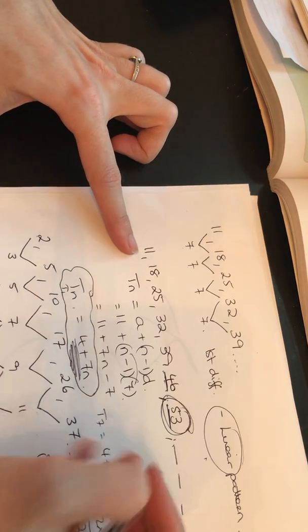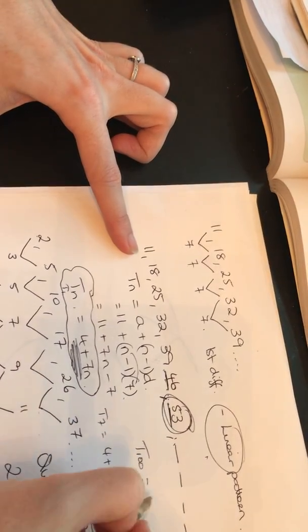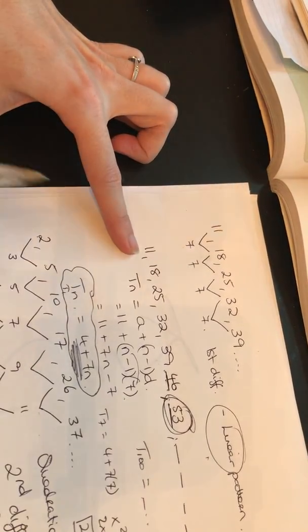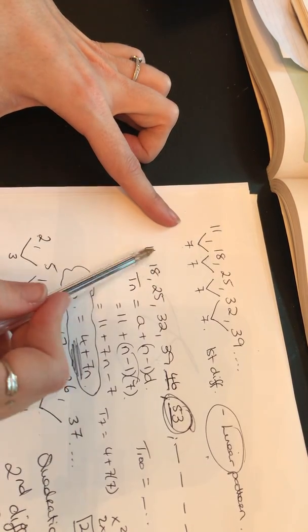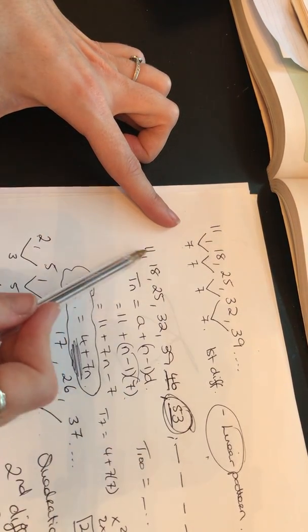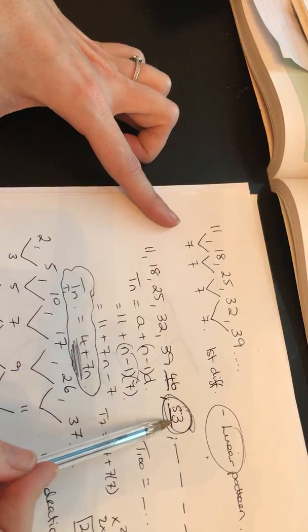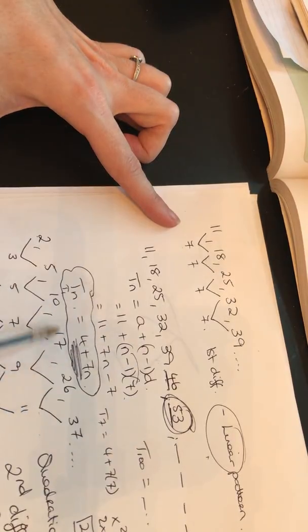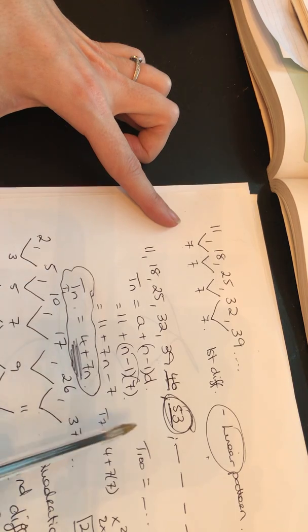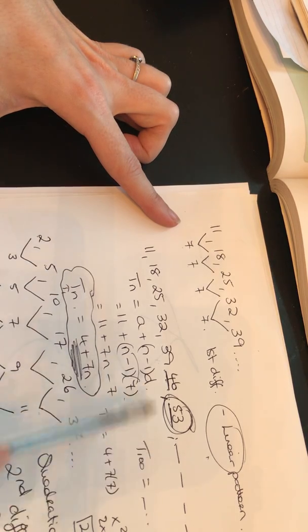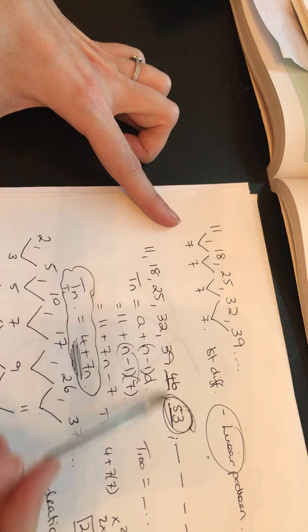If you want the 100th one, T100, sub it in. So the start of the pattern might be all that you get, but there's ways to figure out a little kind of trick here, or a key to the pattern that allows you to get any part of the pattern that you'd like without having to list out the full pattern.